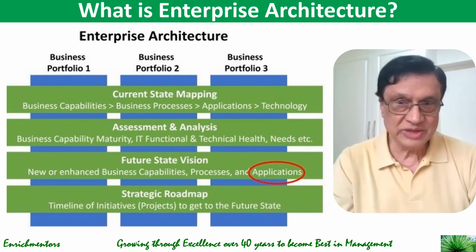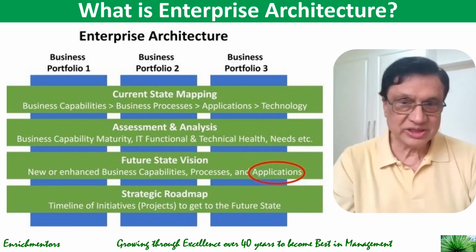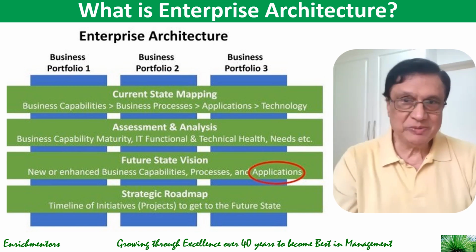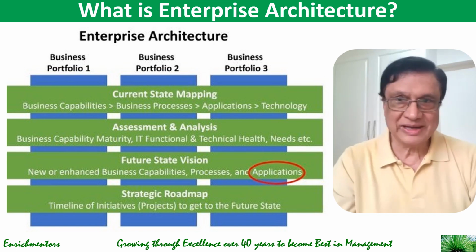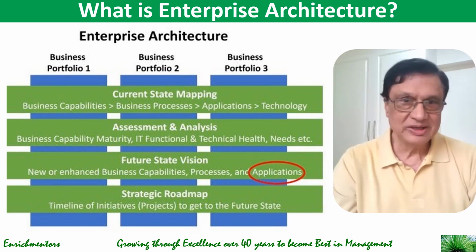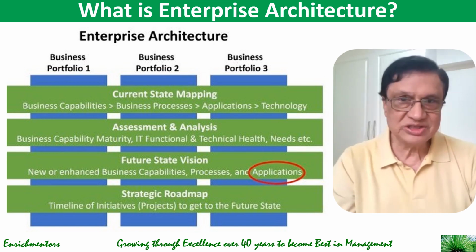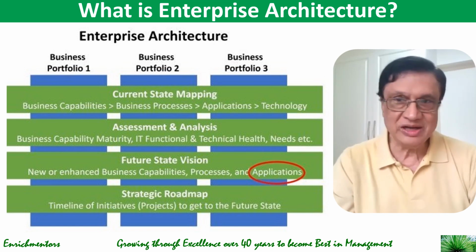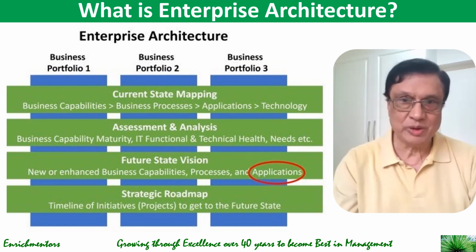And how does it do that? It maps the current processes in terms of technology. It assesses and analyzes. It states a future state vision and makes a strategic roadmap. Now, it provides a holistic view of the organization's structure, operations, systems, and processes, which enables better decision making, strategic planning, and governance, primarily from a technology or IT point of view.